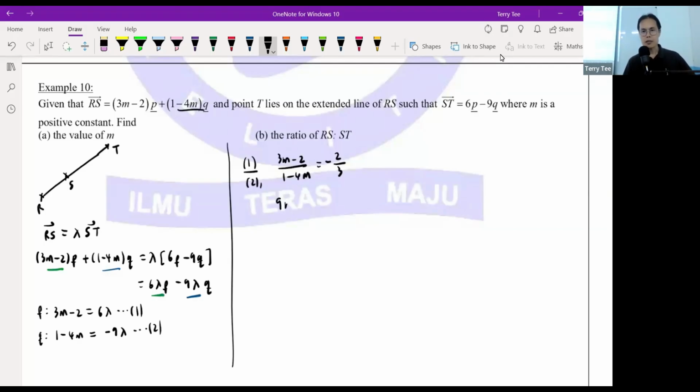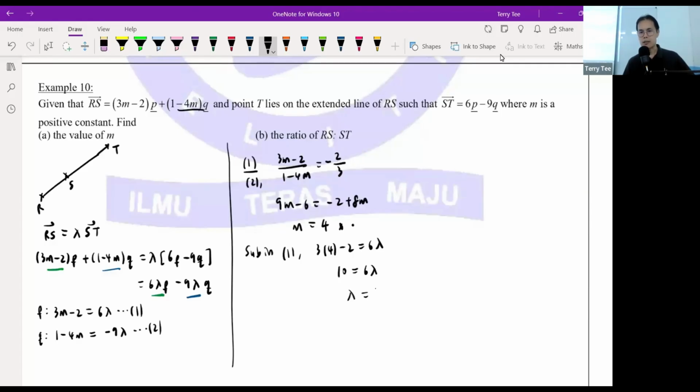Cross multiply: 9M minus 6 is minus 2 plus 8M. Bring the 8M to the left. 9 minus 8 is 1. M is 4. Then you take this, you sub inside any equation, we do equation 1. 3 times 4 minus 2 is 6 lambda. This is 12. 12 minus 2 is 10.